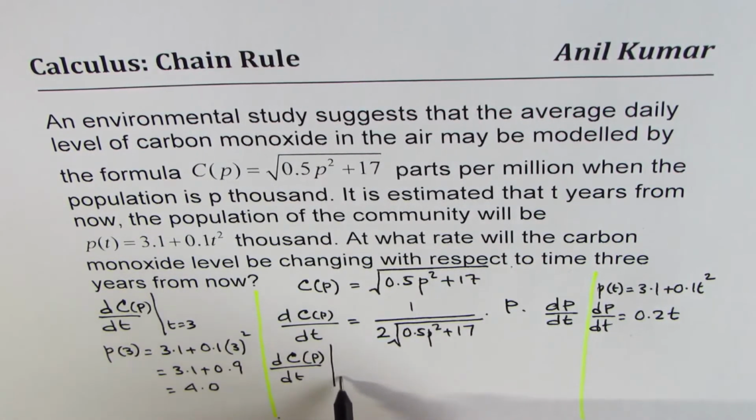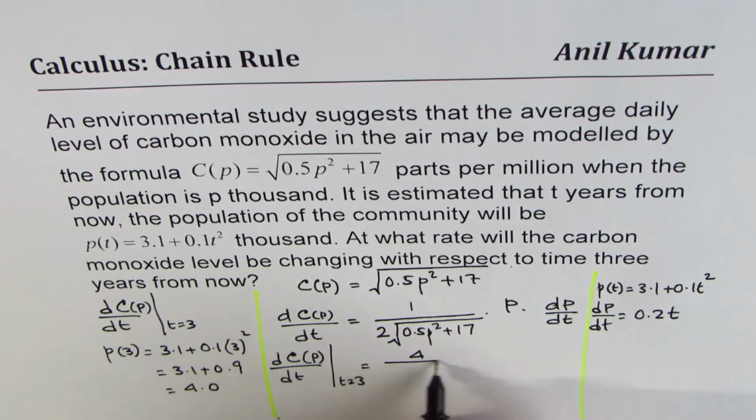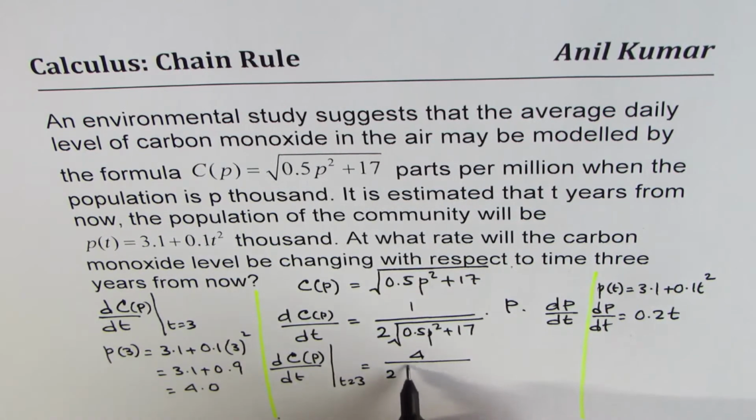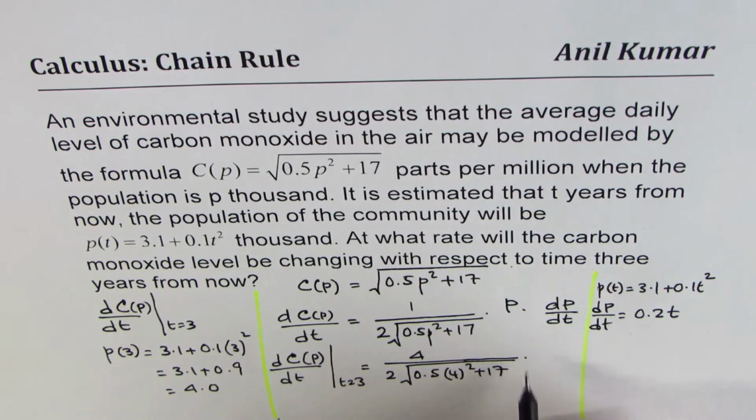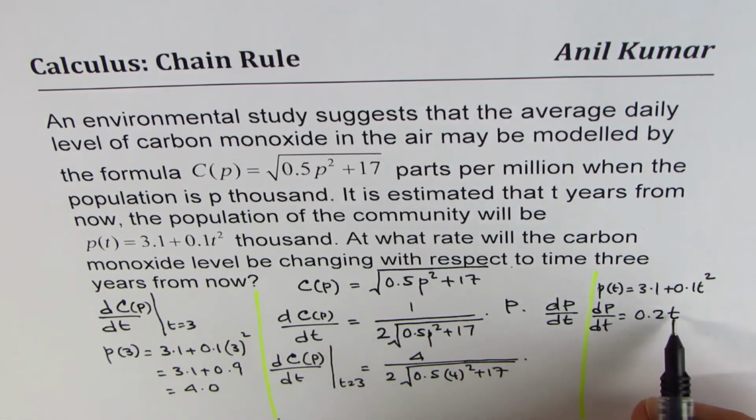So let's put this as T equals 3. And replacing P with 4, we get 4 divided by 2 times the square root of 0.5 times 4 squared plus 17, right? Times dP/dt, which is 0.2 T, right?